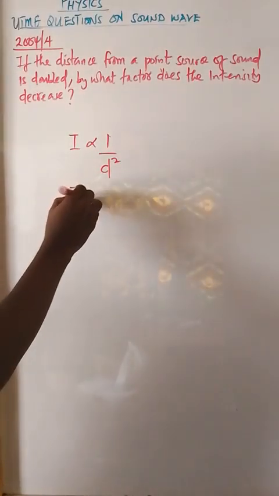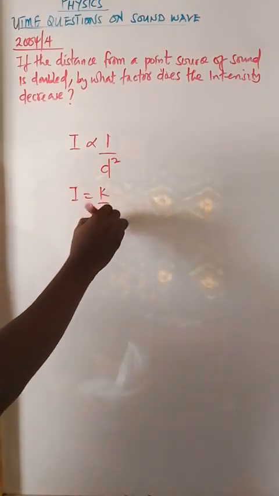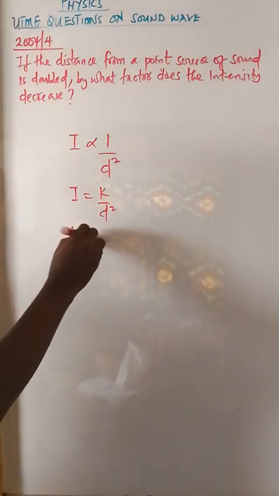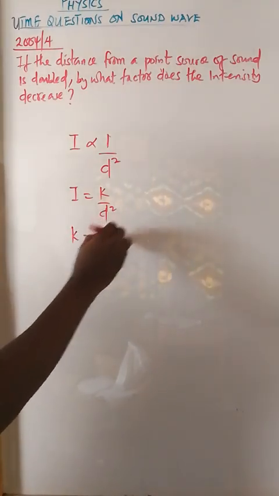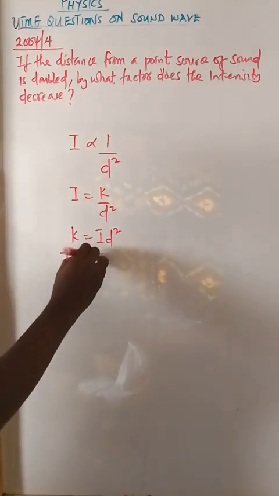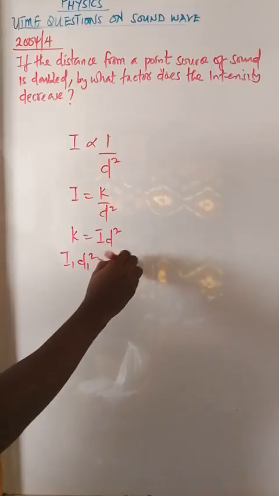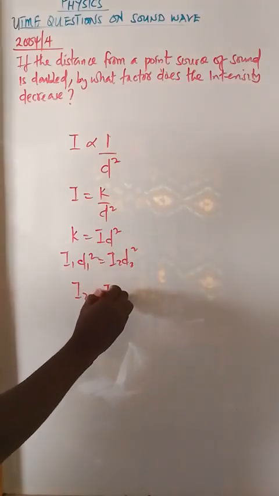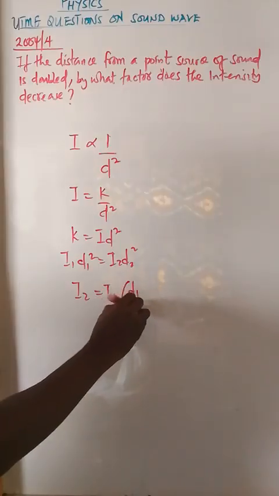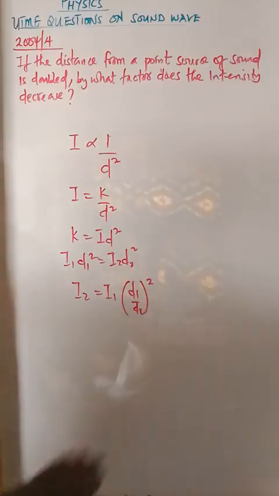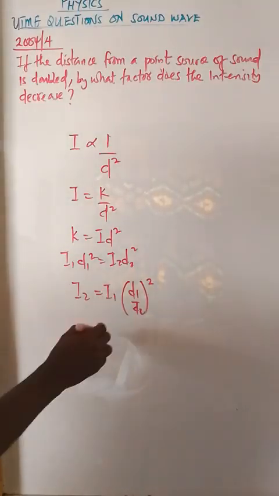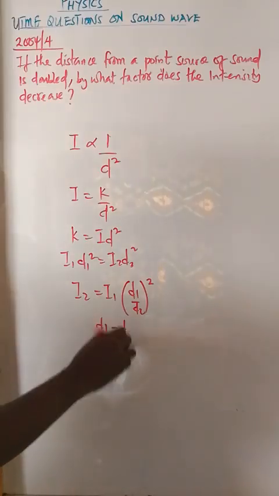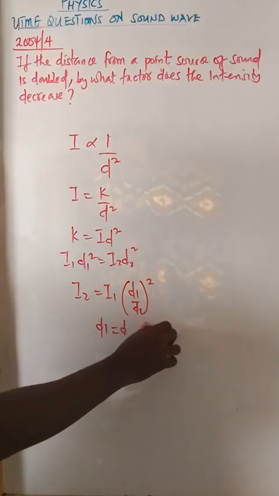So in this case, I equals K over D squared. K is I times D squared. So it means I1 D1 squared equals I2 D2 squared. We are left with I2, and I2 is I1 times D1 over D2 all squared. The distance is increased by 2, so if the initial distance is D, the new distance is 2D.